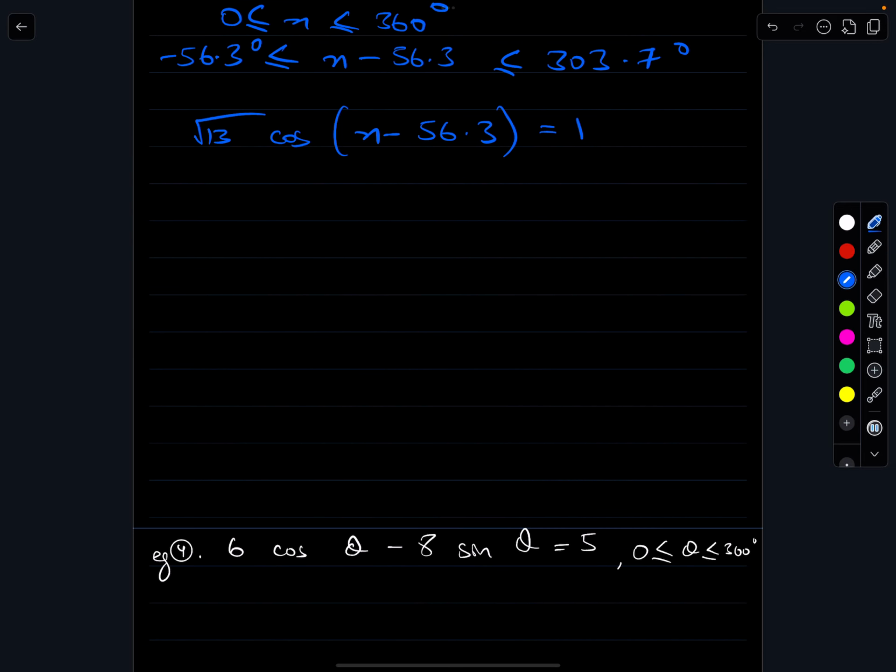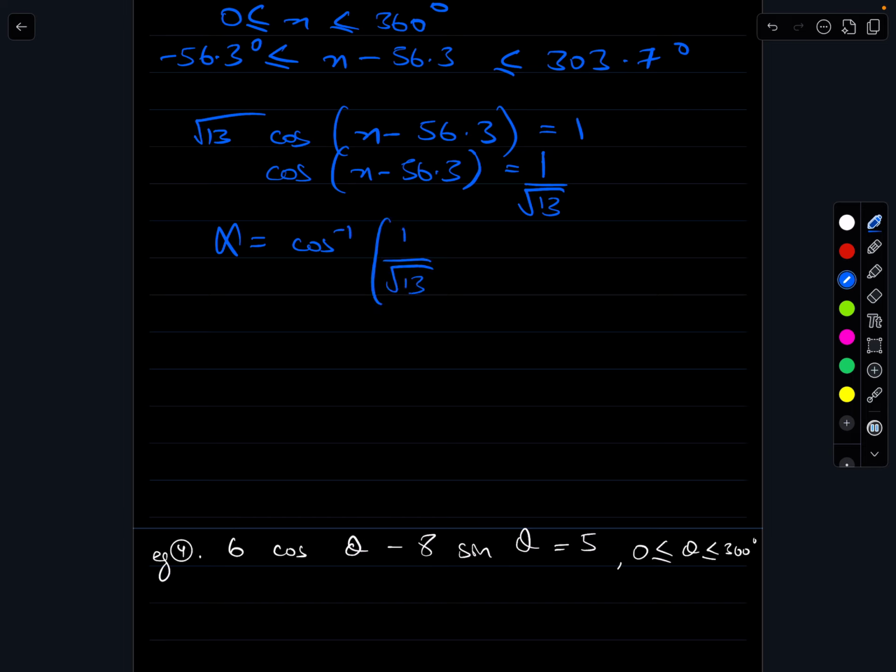We'll simplify this. So we have r cos x minus 56.3 equals 1 over 13. Alpha turns out to be cos inverse of 1 over root 13, and alpha is 73.9 degrees.